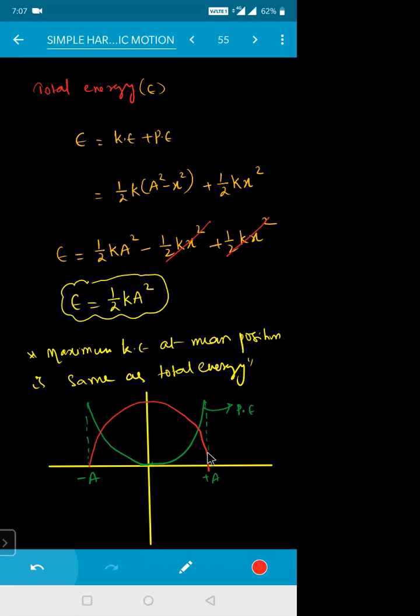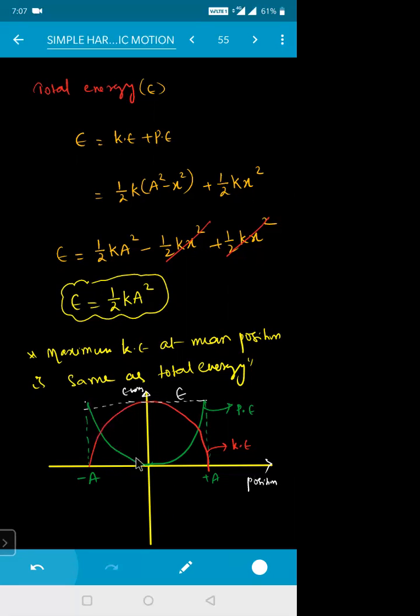So this one is your kinetic energy. The line joining both of these will be the total energy. This white line is touching the red and touching the green, so this will be your total energy, that is E. This is the graph of energy versus position.